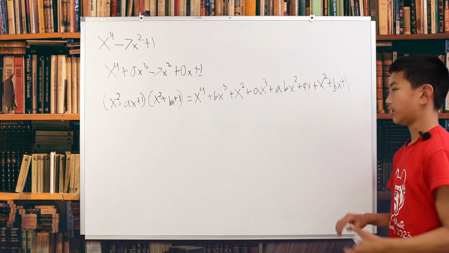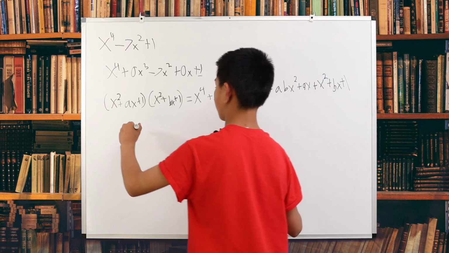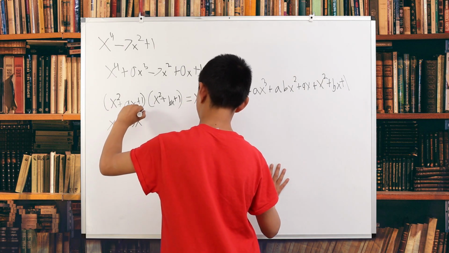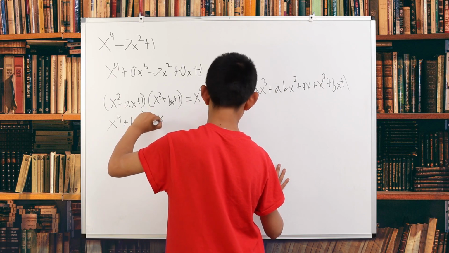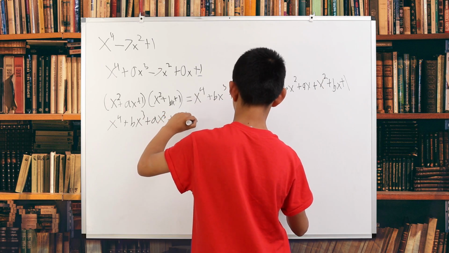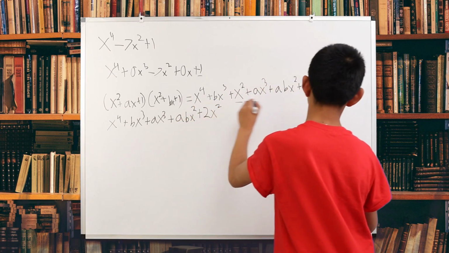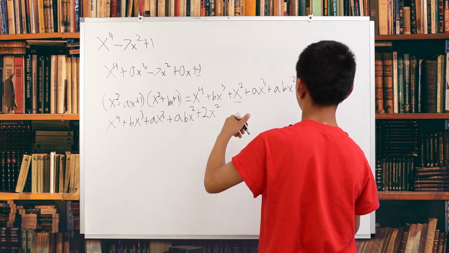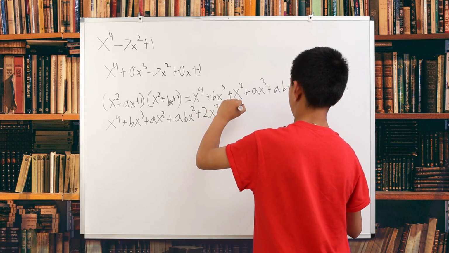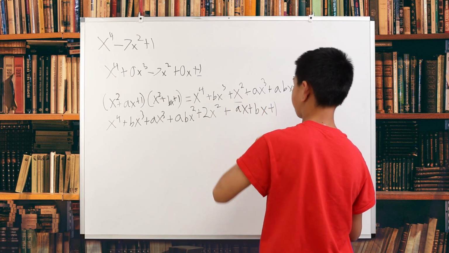Now we can write this in decreasing power order, so it makes more sense. This is going to be x to the fourth plus bx to the third plus ax to the third plus abx squared plus 2x squared, since there are 2 of them. And now we get to the 1 digits, which is going to be ax plus bx plus 1.